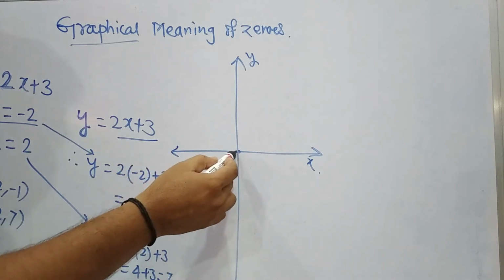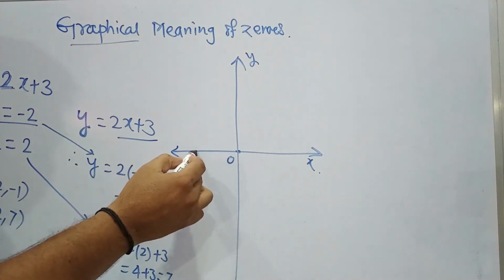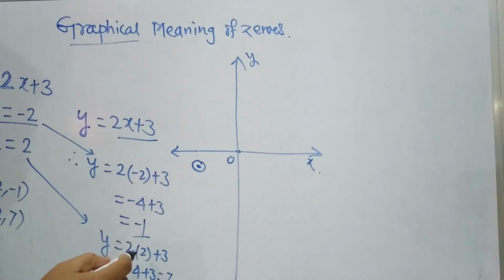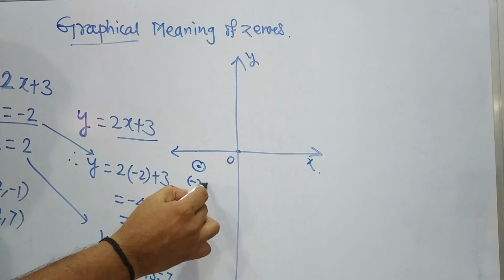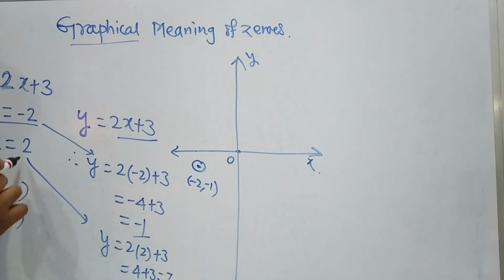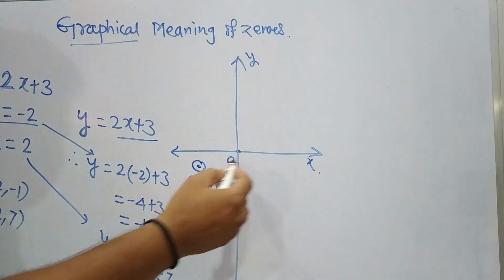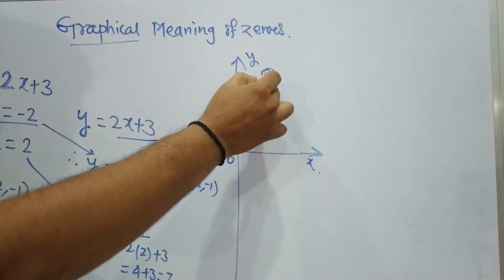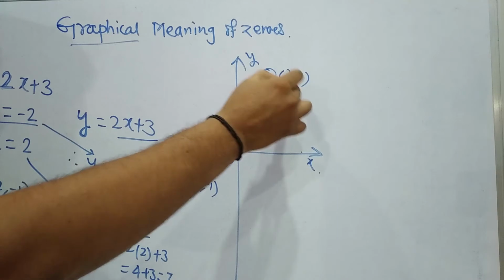So minus 2, minus 1 means minus 2 on the x-axis and minus 1 somewhere here. This point is minus 2, minus 1. And the second point is 2 comma 7, means somewhere here. So this point is 2 comma 7.